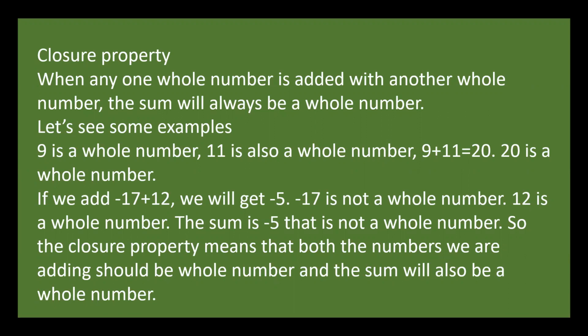When any whole number is added with another whole number, just suppose you have one whole number and you are adding that whole number with another whole number, any other whole number, the result can never be negative.